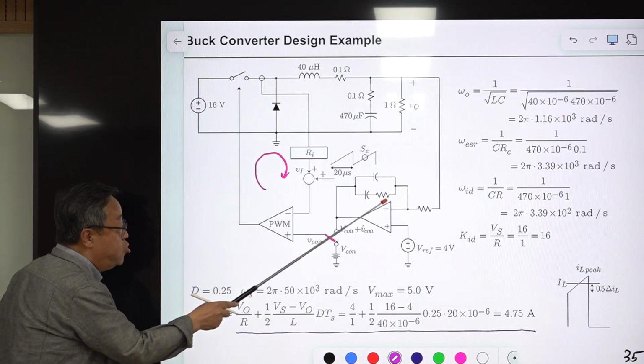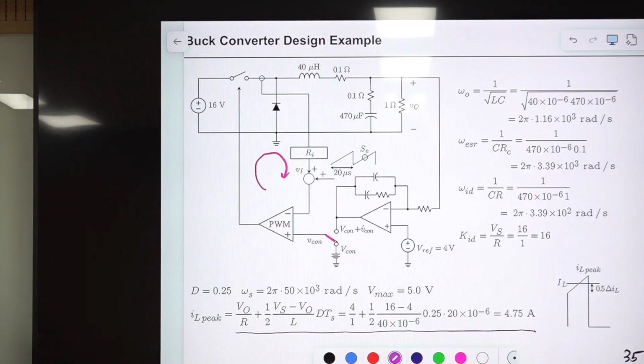This is the 2-pole 1-zero circuit. I think I introduced this some time ago. This is the standard compensation circuit for the current mode control, applicable to all the PWM converters.